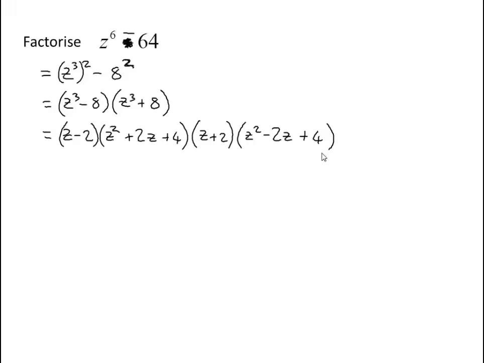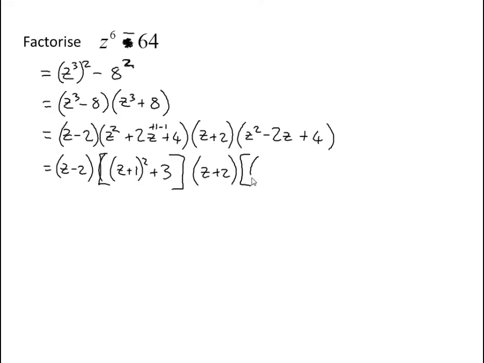Now, I have two linear factors and two nonlinear. We can make the nonlinear linear by completing the square. And so that's going to become z plus 1 all squared plus 1 minus 1, so that becomes plus 3. And then I've got z minus 1 all squared plus 1 minus 1 plus 3.